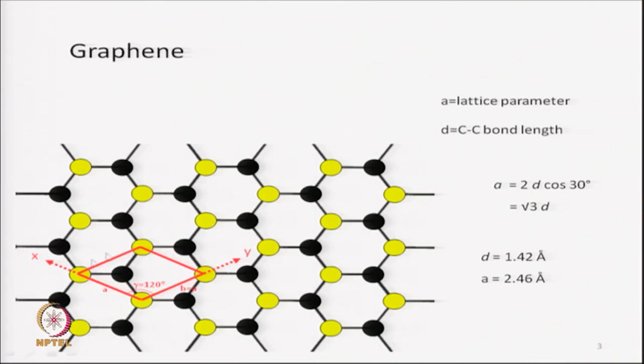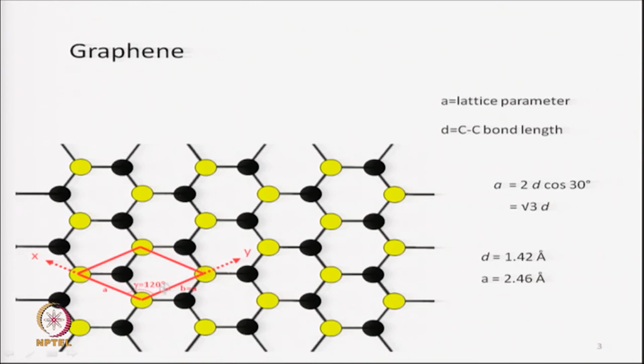So, in this unit cell of graphene, you have two kinds of atom, one sitting at the corner, which are the lattice points, and another which is not sitting at the corner, but is sitting on the face, on the basal plane, in the plane of the graphene, not exactly at the center. So, we cannot call it face center, but lying on the face. It is at the center of this equilateral triangle, which is half of this rhombus.